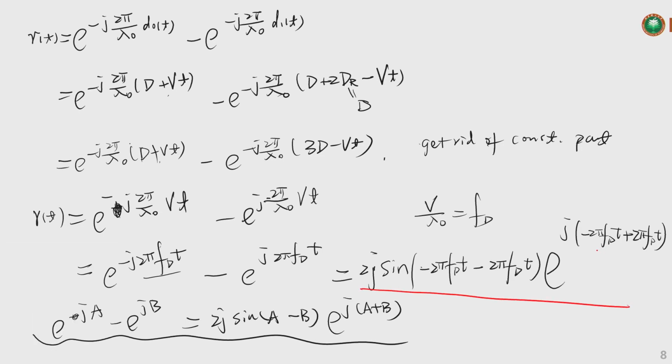So that means this term plus this term becomes 0, right? So this exponential term equals 1. So we get the expression for this term. It can be expressed finally as minus 2j sin. Oh, I think I need something half.